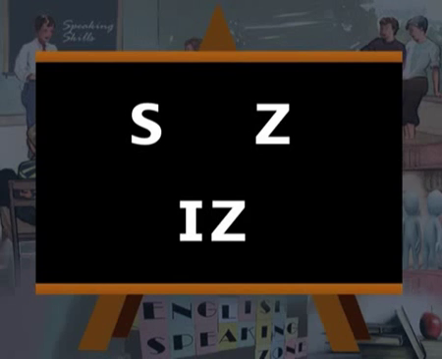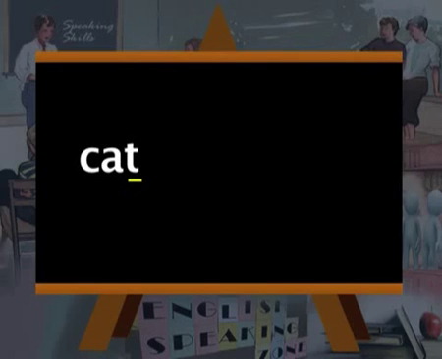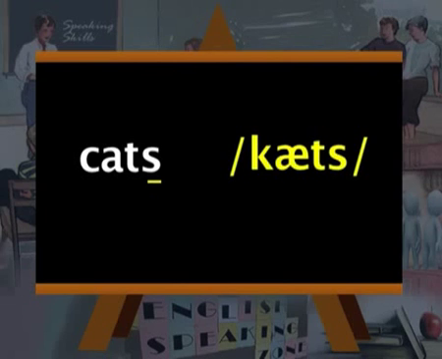The rule is very simple. The rule is, if the singular form ends with a voiceless sound, the plural also is a voiceless sound, s. For example, if you have a word like cat, C-A-T, this sound, t, is a voiceless sound, and therefore when you make it a plural, it takes a voiceless sound again, s.